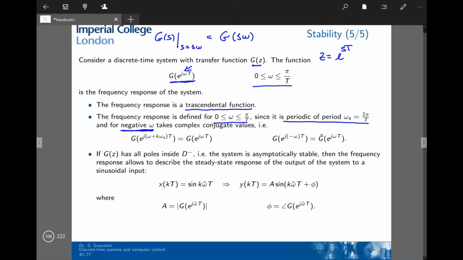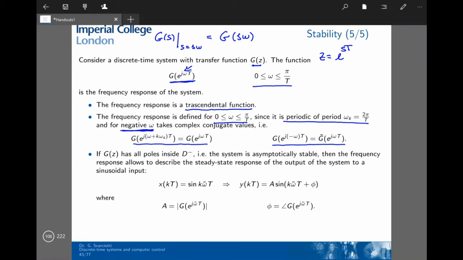For negative ω, we can see very quickly that the value of the frequency response corresponds to the complex conjugate value of the frequency response. So these two relations are useful to sketch the frequency response.